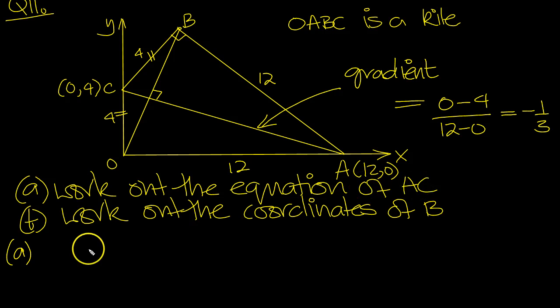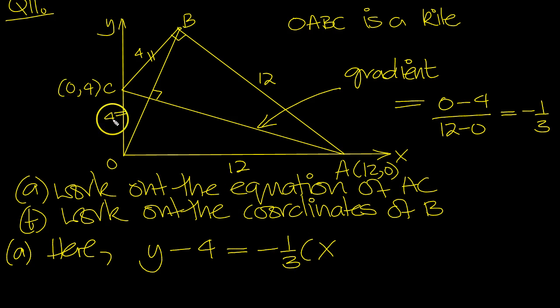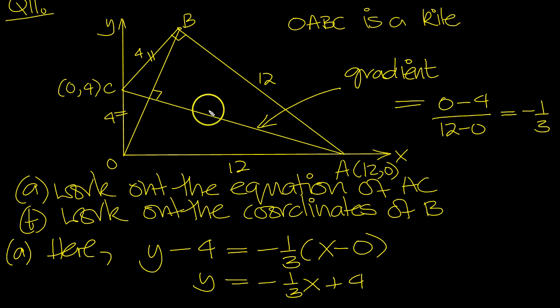Okay, the equation of AC then, so here, y minus, let's take the y value here, 4, is equal to the gradient of the line, minus 1/3, and then it's x minus the x-coordinate, which is 0. So y is equal to, expand the bracket, minus 1/3 x, and move the 4 over to plus 4. So there's the equation of the line with gradient minus 1/3.